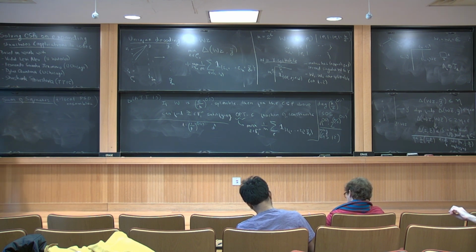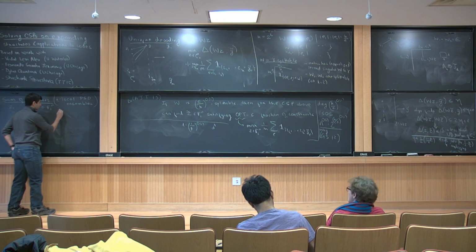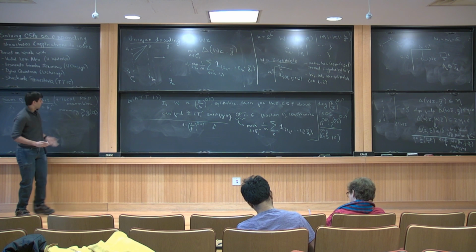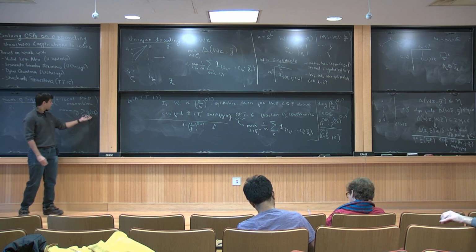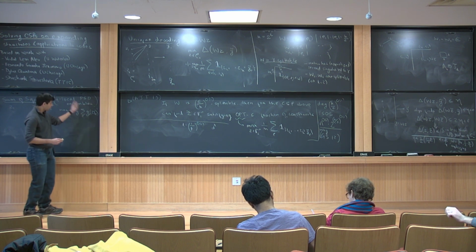Okay, so our goal is to find Z1 to Zn satisfying some property. Let's say we have a collection of constraints where each E is, let's say, a k tuple.